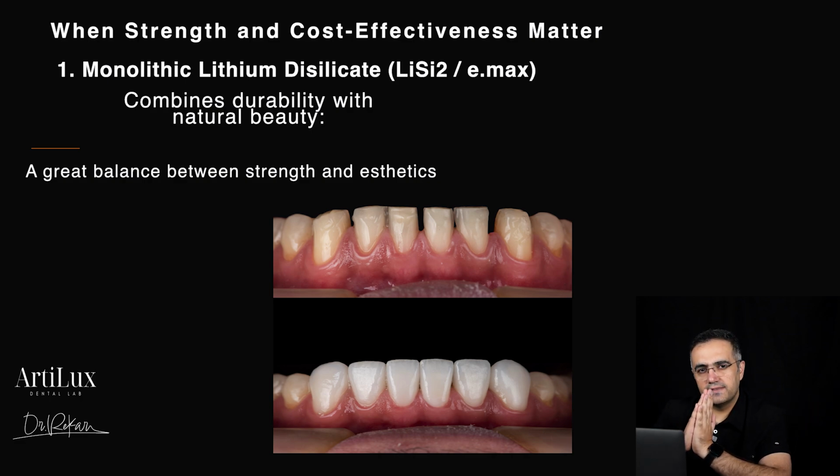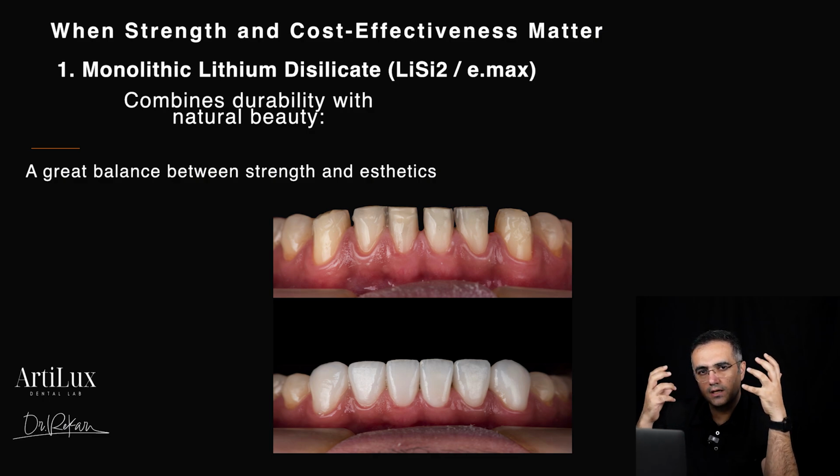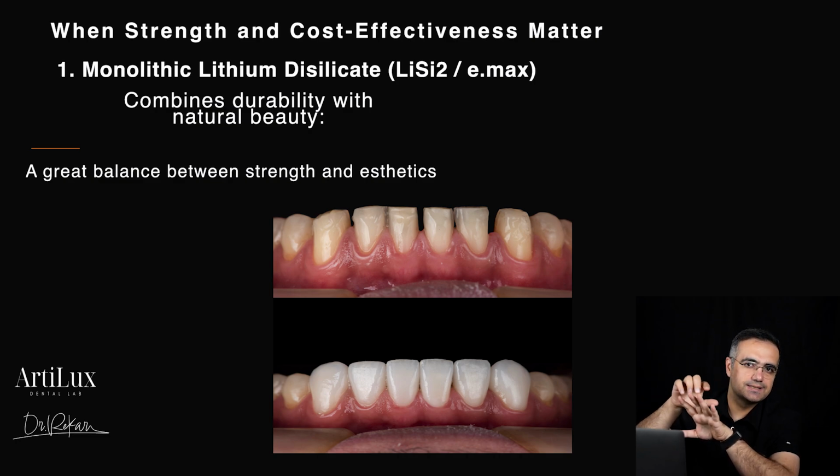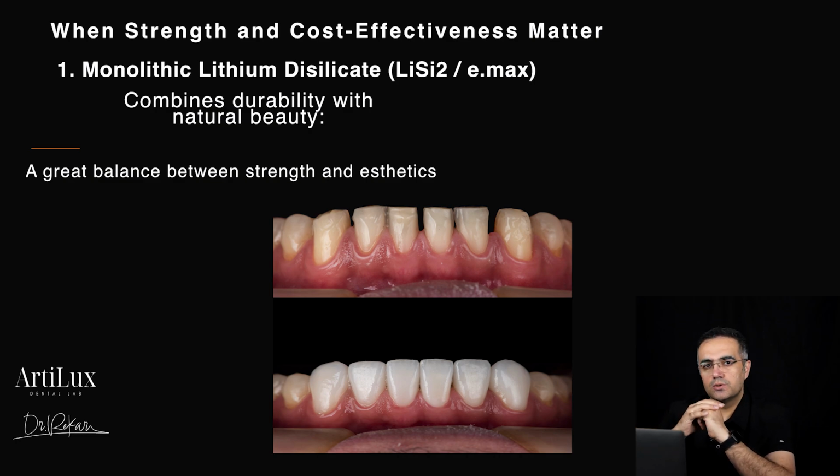So what does this mean? It means the material is stronger. But because we are not layering with ceramic, if there is not a highly skilled technician to do very good staining or glazing, maybe the restorations will not look very natural.